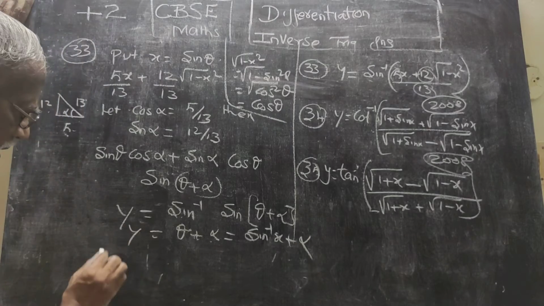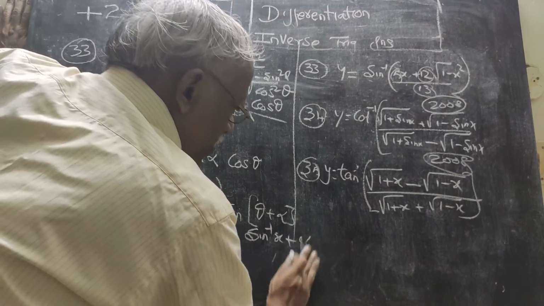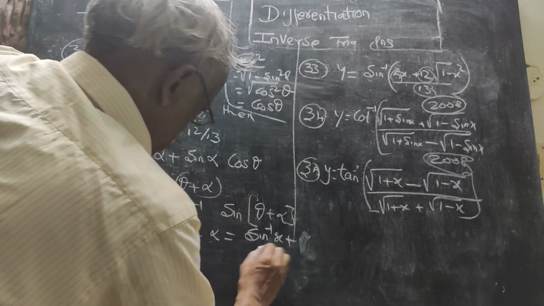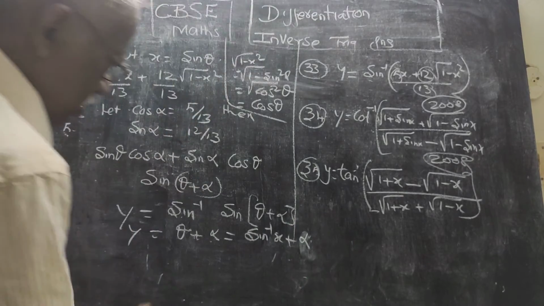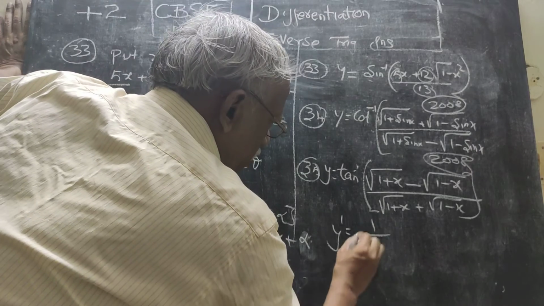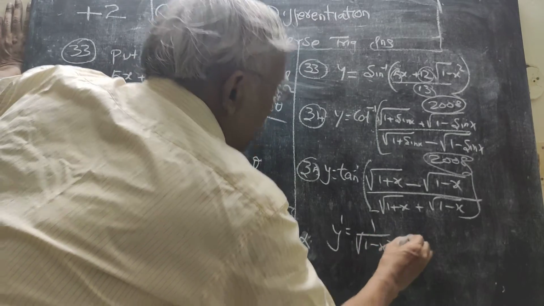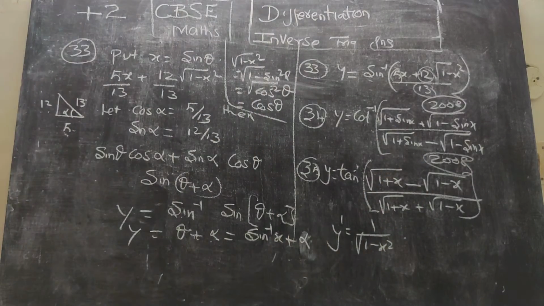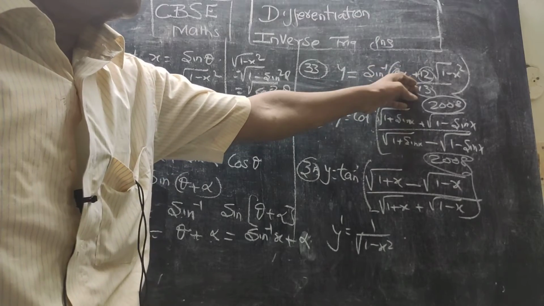So on differentiation, you will get dy by dx, that is y dash, equal to 1 by root of 1 minus x square.